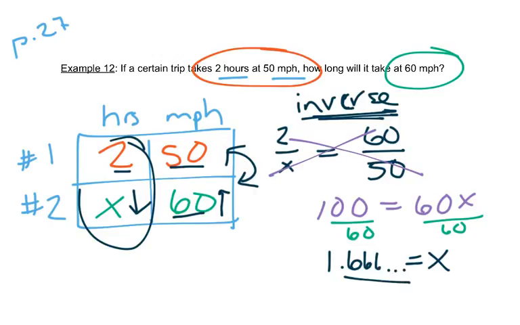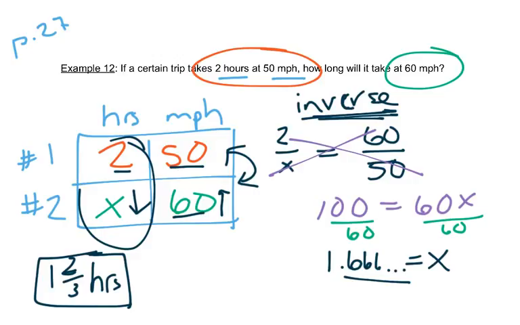We know that .666 repeating is 2/3. So we could write 1 2/3 hours. But the directions may say they want hours and minutes. So if they want minutes, we have to deal with the 2/3. So let's look at that for a second. It's 2/3 of an hour, and an hour is 60 minutes.